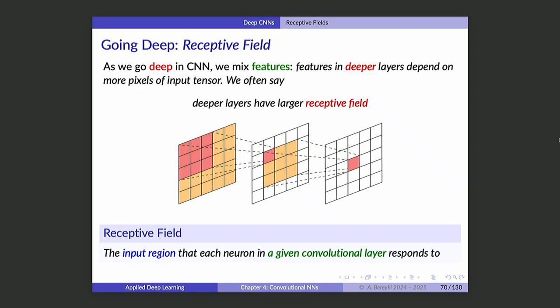So if you again connect every single neuron from the previous layer to the input layer, then you're going to get a much larger region inside your input, right? Correct? And that region where every single pixel inside that is somehow impacting this particular red neuron inside your second layer, this is the receptive field of your red neuron.